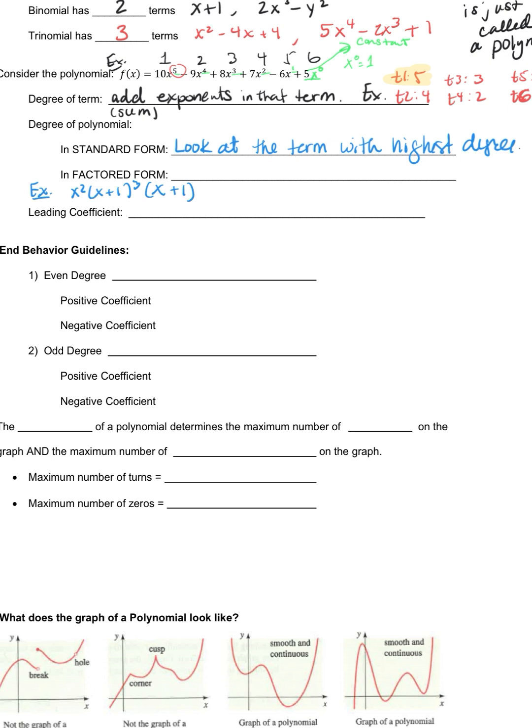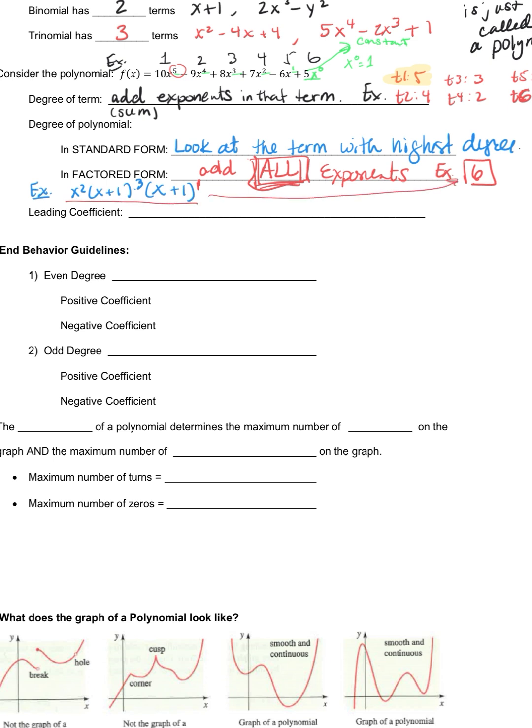What you're going to do in factored form is add all exponents. So don't forget there's a 1 here. So I have 2 plus 3 plus 1, so that's 6. That's the degree of this polynomial right here: 6.